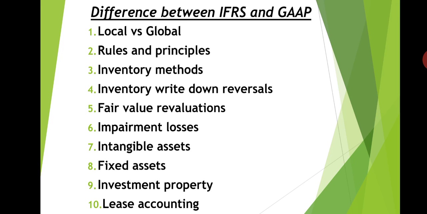In the case of GAAP as well as IFRS, they share a common framework. Understood? But here in the case of IFRS, there is a de minimis exception, while GAAP has no such exception. Then what is the exception here?